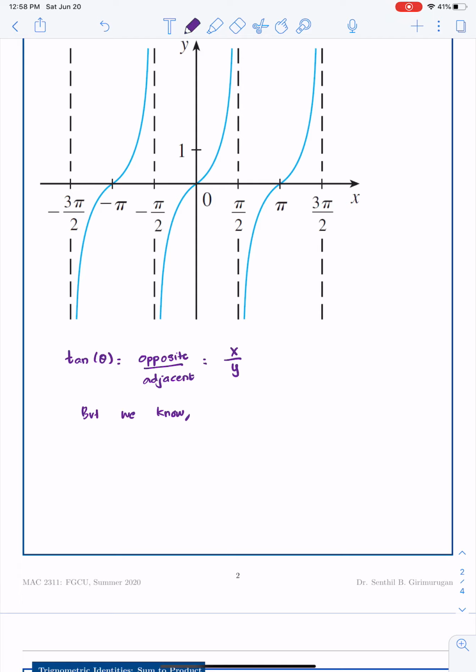But we made the connection between x and theta. X would be equal to cosine of theta, and y would equal sine of theta. So x divided by y is simply equal to sine theta over cosine theta.